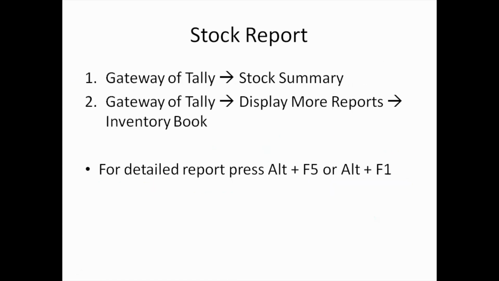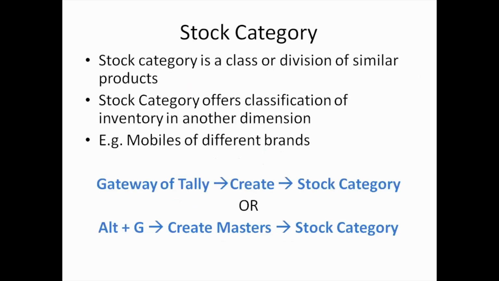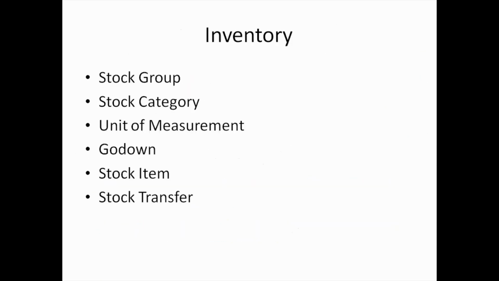So creating inventory includes different parts, that is stock group creation, stock category creation, then we have to create unit of measurement, and locations or godowns to be created, and after creating these four things we can create stock items. And after that, to pass the stock transfer entry, we pass the voucher by pressing Alt F7.